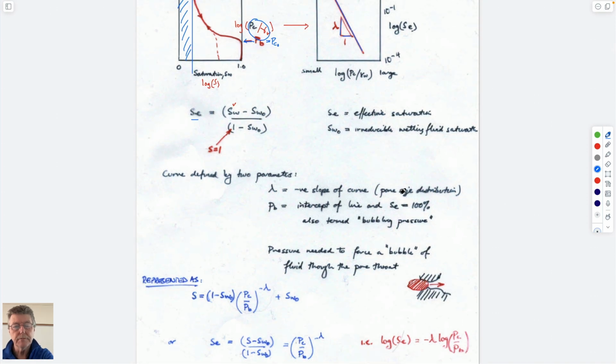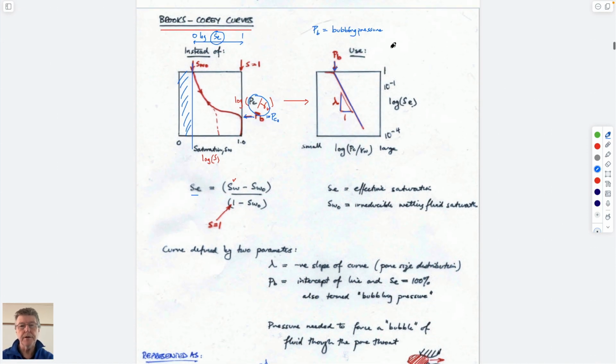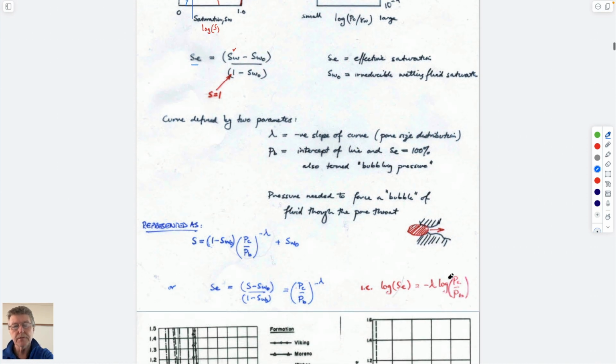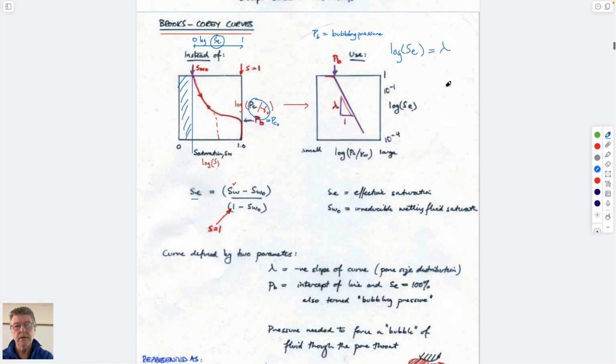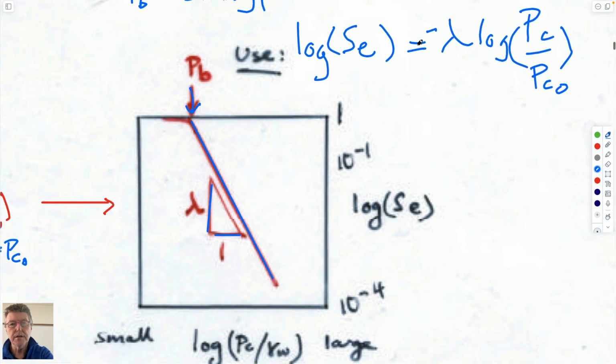I'll write it up here. Log SE is equal to lambda, just writing this equation here. So the equation of that straight line is just this.